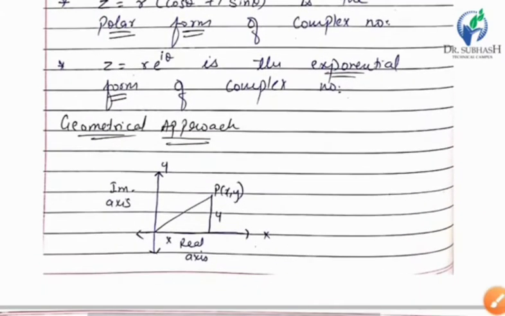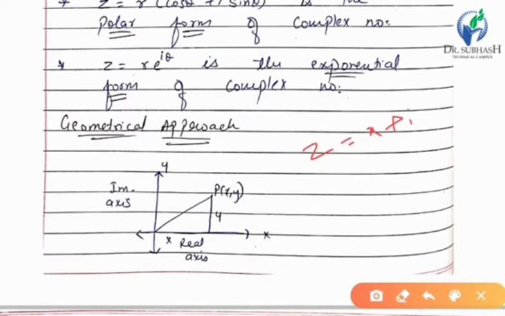See, the geometrical approach. When I say z equal to x plus iy, what does it mean? x is a real number, so it denotes the x axis, which is also called the real axis.